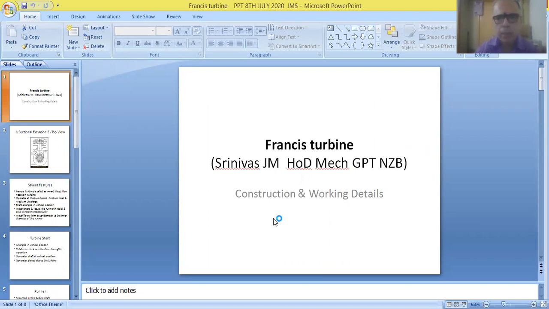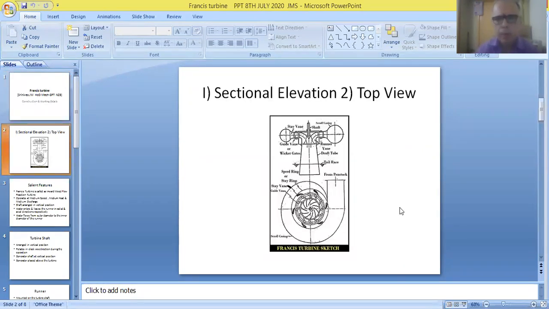So here we are today in this session, we are going to discuss the construction and working of Francis turbine. This Francis turbine is called an inward mixed flow reaction turbine. That means when the turbine is in working condition, water will be flowing from the outer diameter to the inner diameter of the runner.